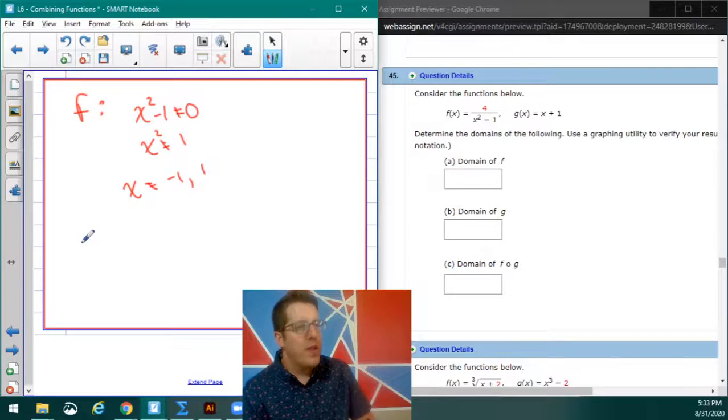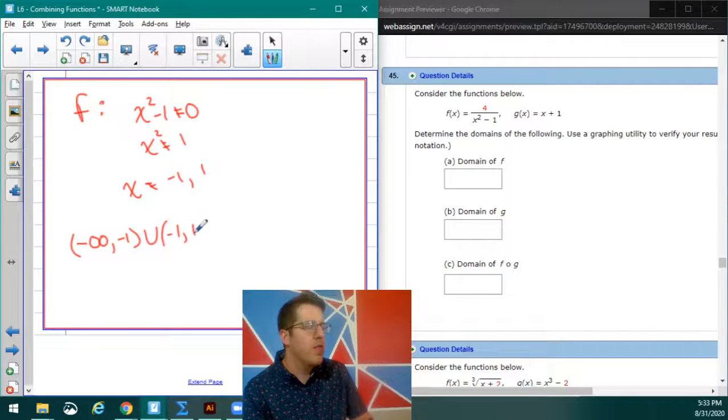So the way that you write that is anything from negative infinity to negative 1 joined with anything from negative 1 to positive 1 joined with anything from 1 to positive infinity. So that's f. For g, that's a linear function. No denominator, no even roots. So anything from negative infinity to positive infinity.